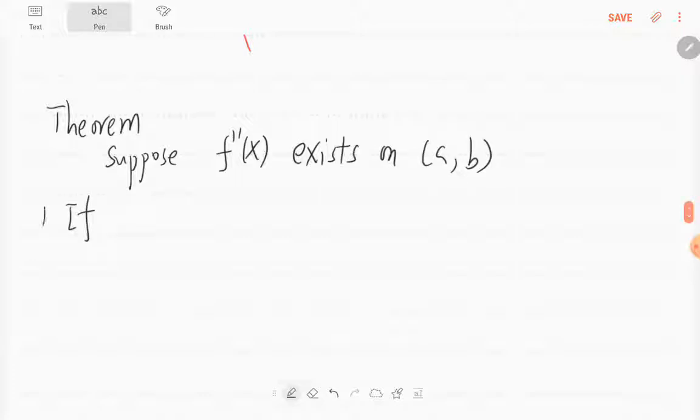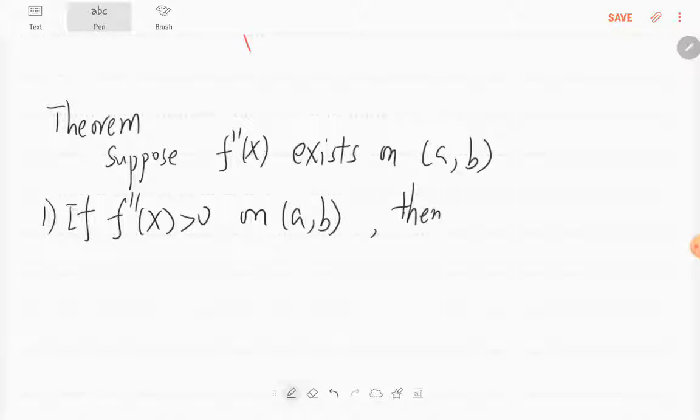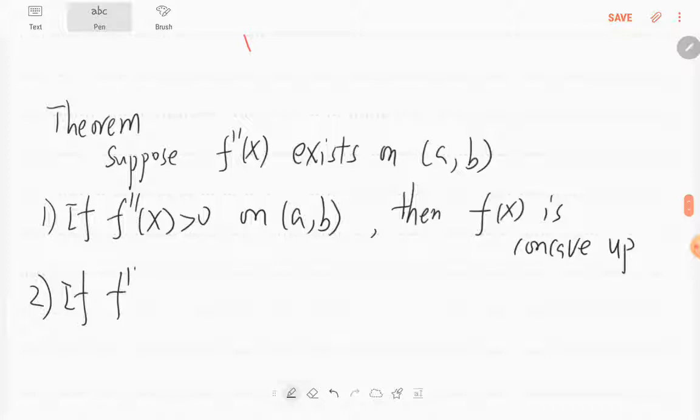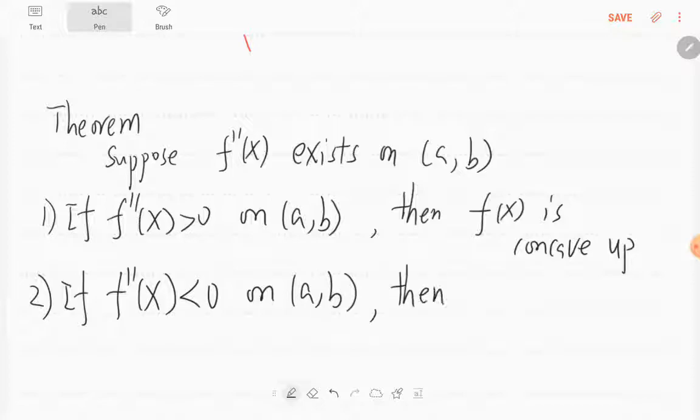If the second derivative is positive on the whole interval (a, b), then the function f(x) is concave up. In other words, it bends up. If the second derivative is less than 0 on (a, b), then the function f is concave down.